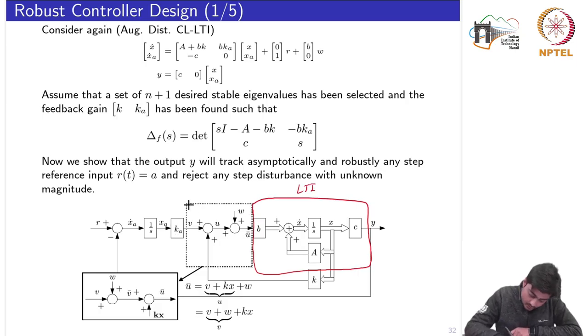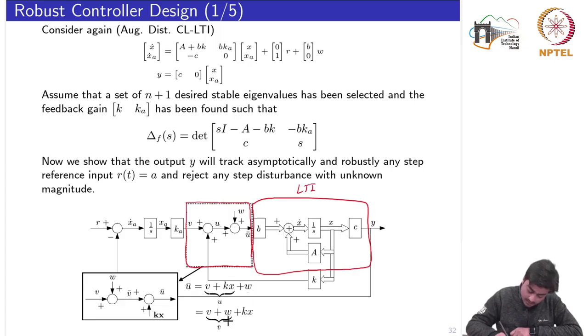Now, if we pay attention to this block and write the equation, I can write u bar as u plus w, and u is nothing but v plus Kx. So u bar is nothing but v plus Kx plus w, where v plus Kx is u. Now, after rearranging the terms, I can write v plus w as v bar by taking Kx separately and assigning v plus w as v bar.